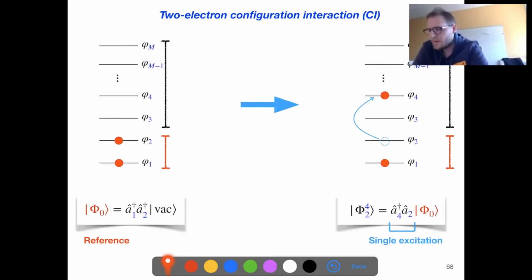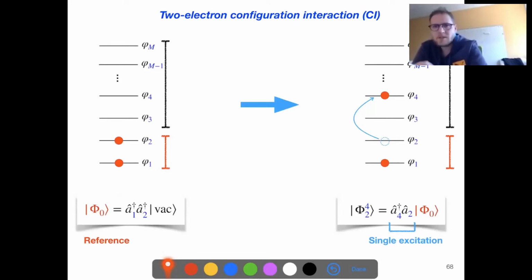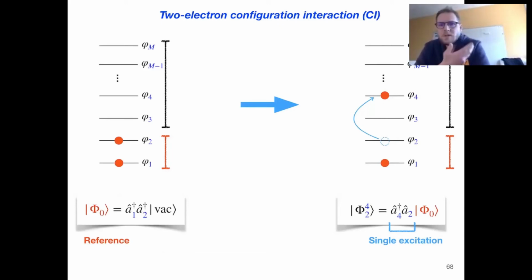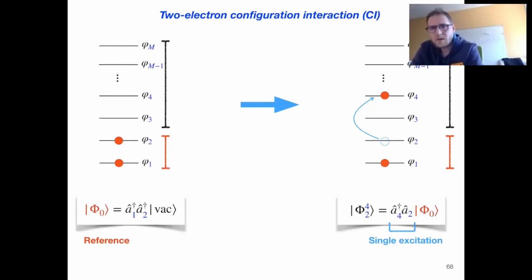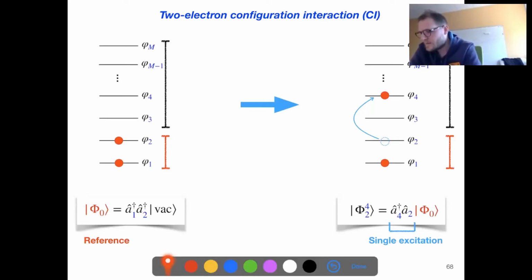If I do this, I'm describing what I will call a single excitation process. You see, I'm using the Hartree-Fock as reference, and then I'm describing this new Slater determinant in terms of excitation. Starting from the reference, I remove the electron that was in spin orbital 2, and now I put it with the creation operator in spin orbital phi 4.